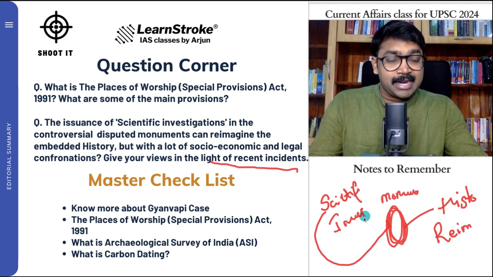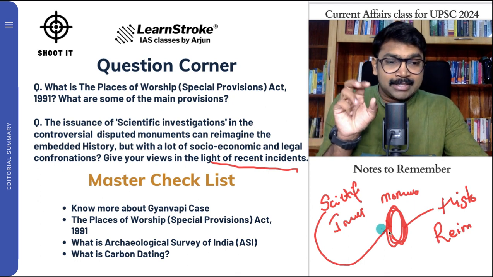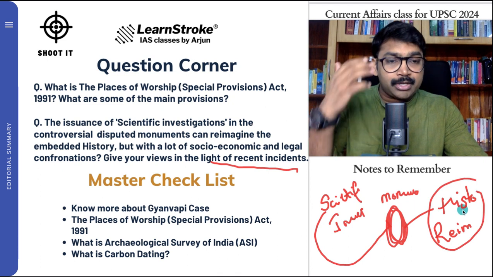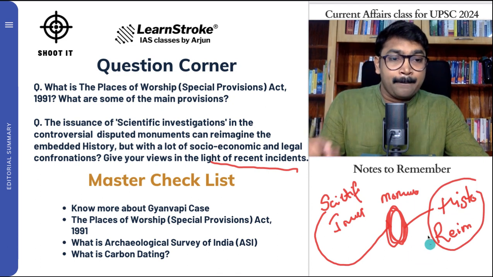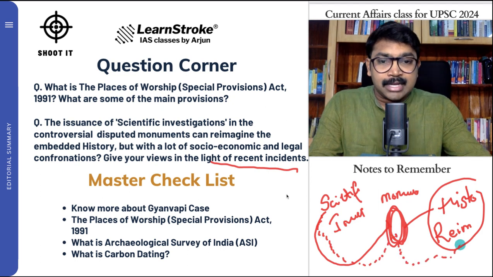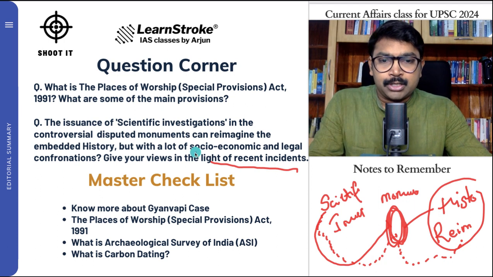If you do scientific analysis on disputed monuments, you will get new history, or history will be reimagined. But you can see that this process of scientific inquiry into a monument, into reimagining history, is causing a lot of problems like socio-economic and legal confrontations.